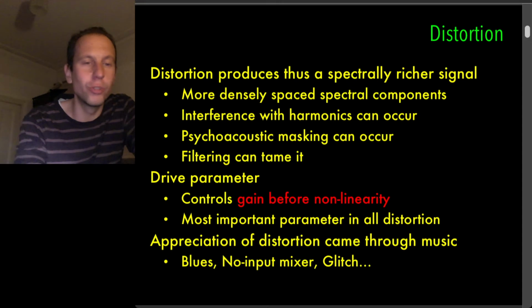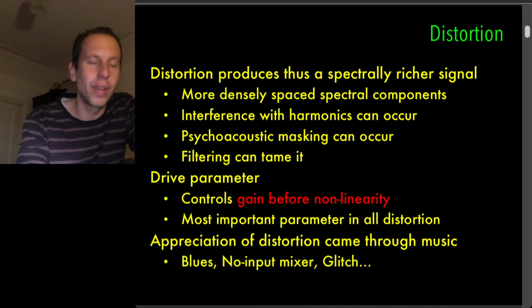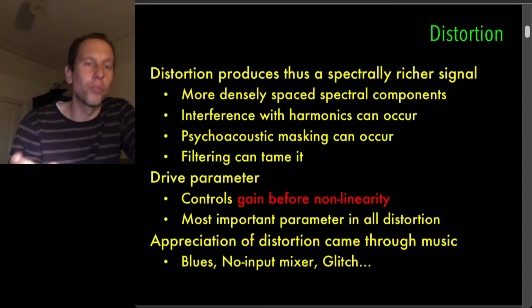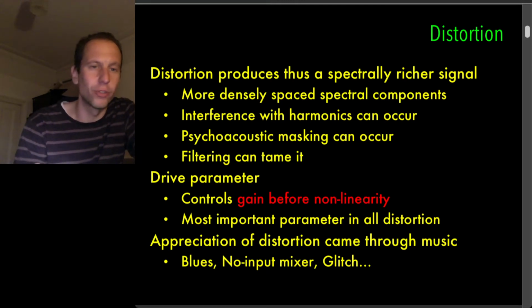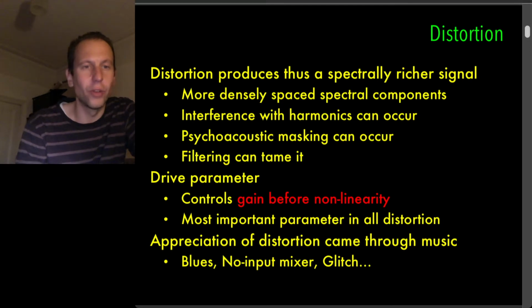Typically, most distortions do not have a control over the character of distortion. So what you'll, for example, see in guitar pedals, if you have a drive, you might have a tone control, but the tone control is typically a filter. So the nonlinearity itself is very often fixed.